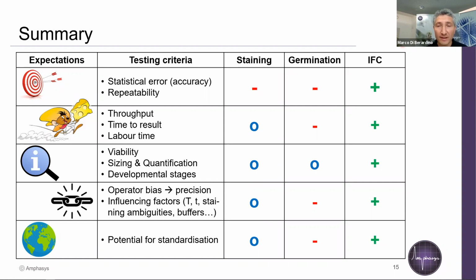Because the pollen is collected somewhere or used for artificial pollination, or is it pollen that you just check in the field? So for me, it's not clear in which direction it goes actually.